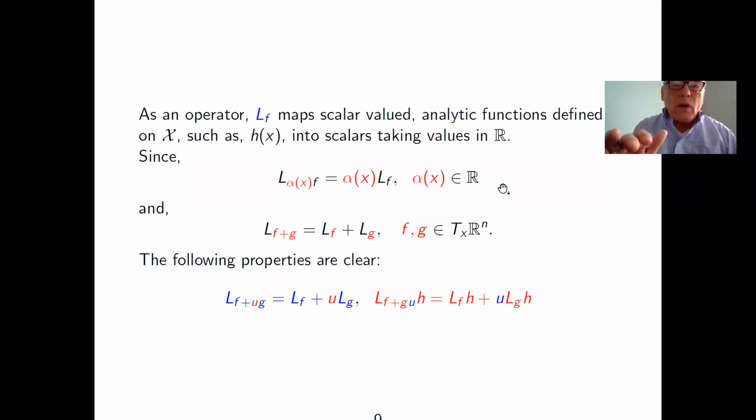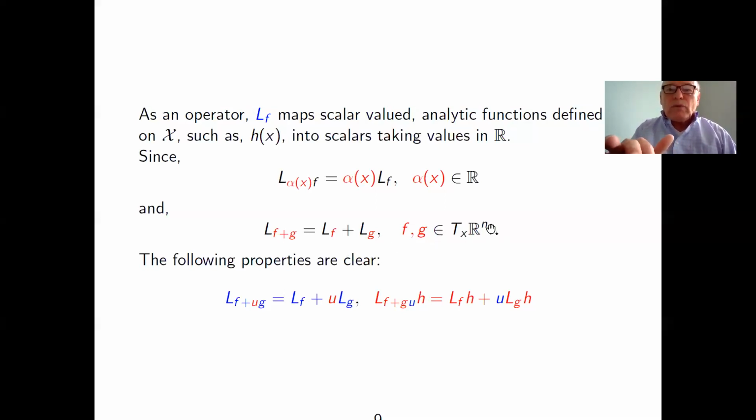This is a linearity property which is very convenient for the manipulation of these maps. The other property is that the operator is linear with respect to the sum of vector fields. So if f and g are two vector fields, the directional derivative operator will be linear with respect to the sum of those vector fields.